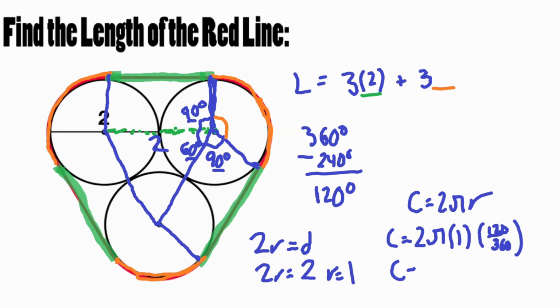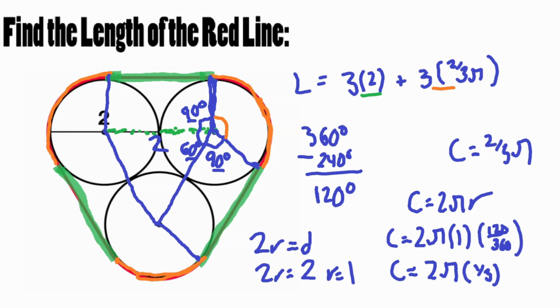So our circumference will be 2 pi times 1, which is the same thing, so you can just not worry about that, times 1/3. So our circumference will be 2/3 pi. Now let's go back to our original equation where we have 3 times 2/3 pi.